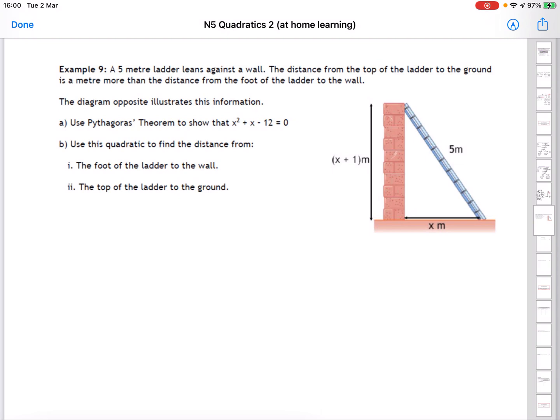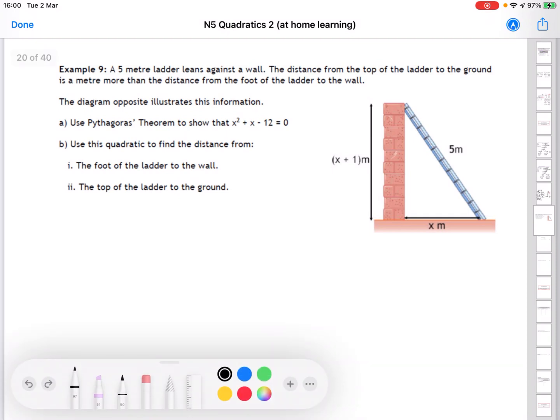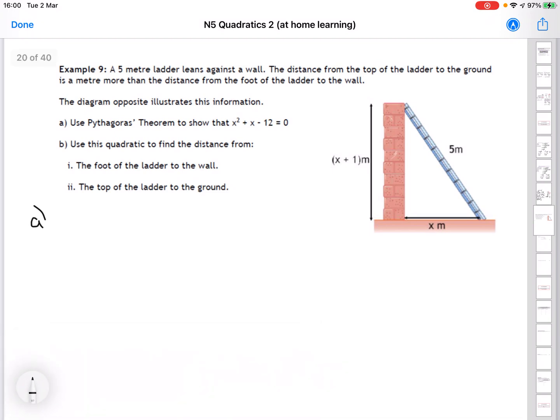The first part of this question is to use Pythagoras to show that x squared plus x minus 12 is equal to 0. So you've been given a little hint that we're using Pythagoras. If we remember our Pythagoras theorem, c squared is equal to a squared plus b squared, c squared being your longer side and a and b being your two shorter sides.